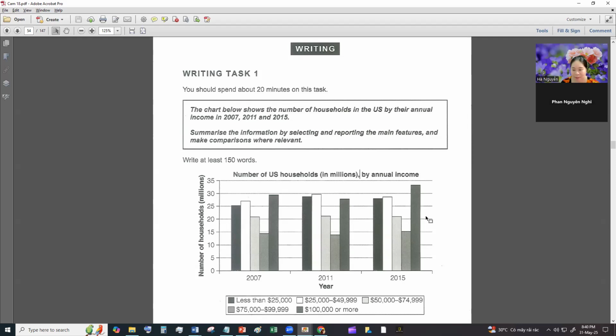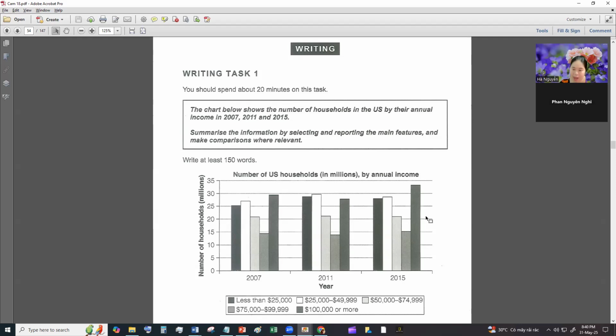So let's see. For this task, it does have time change. So the time changes in 3 years, 2007, 2011, 2015. So for this task, you need to not only describe the changes through years of one income level, you also have to compare.